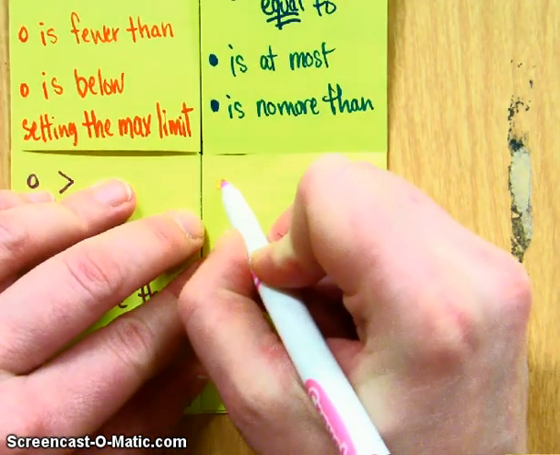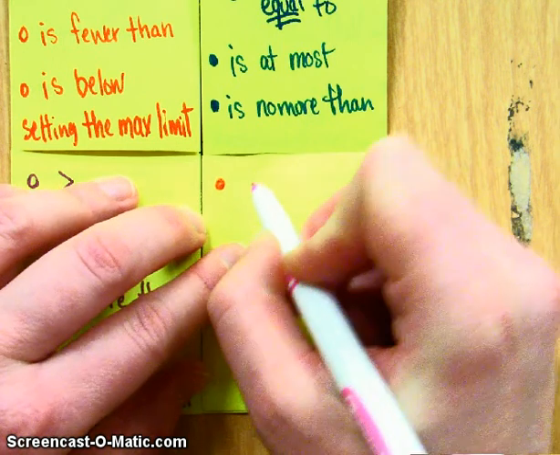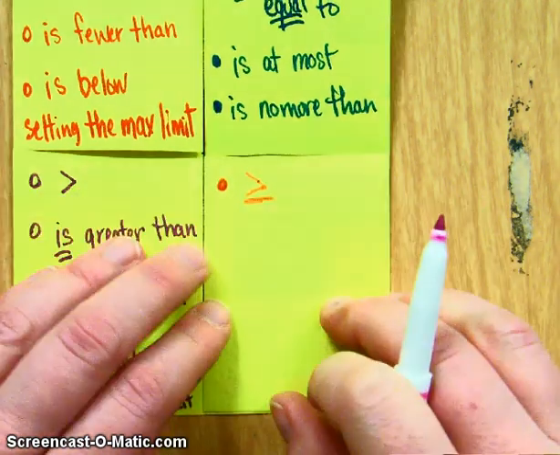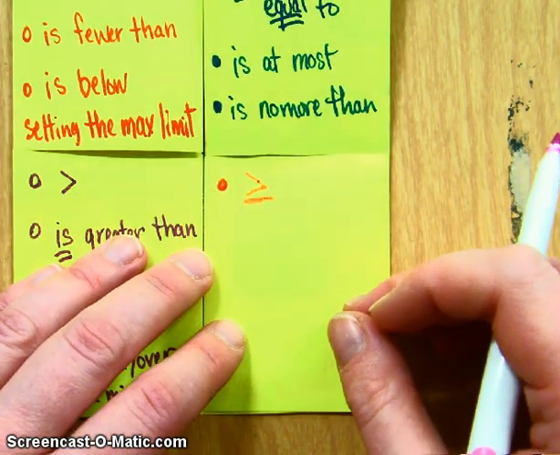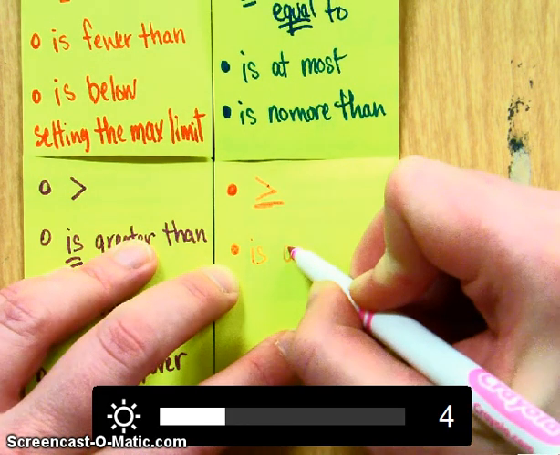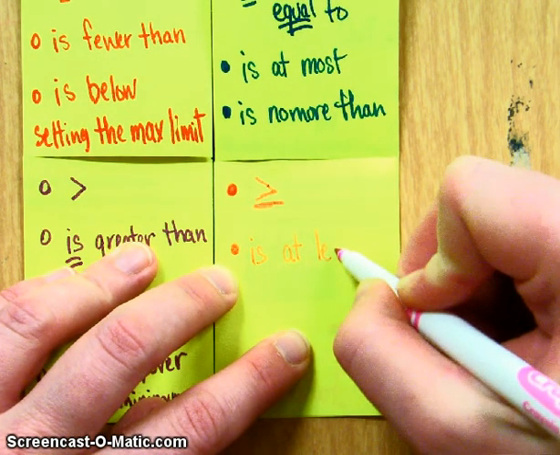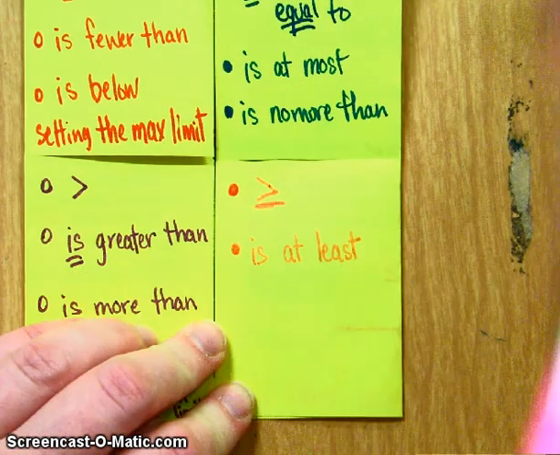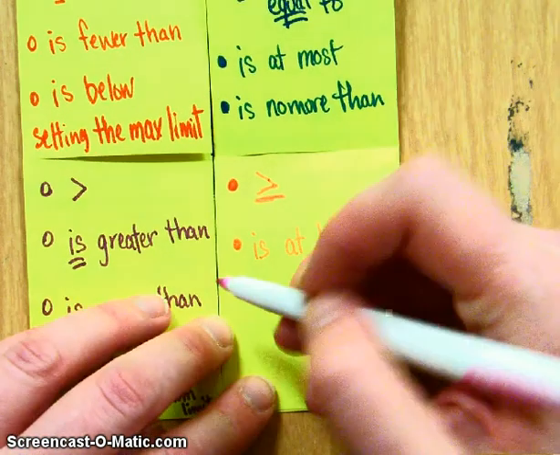Our symbol here is, we've got a closed circle. This is greater than or equal to. Is at least. It's greater than or equal to.